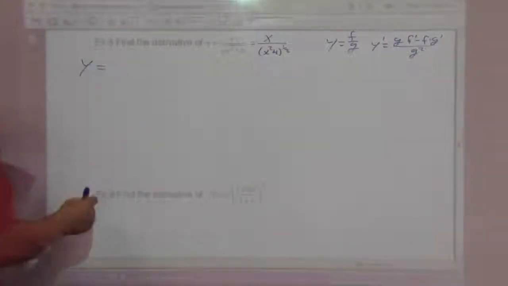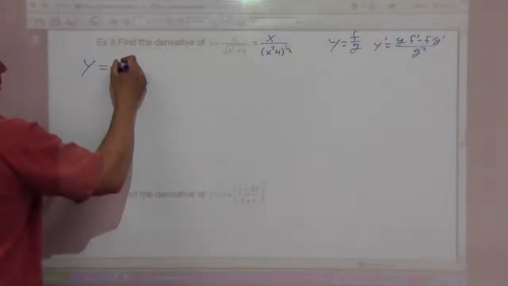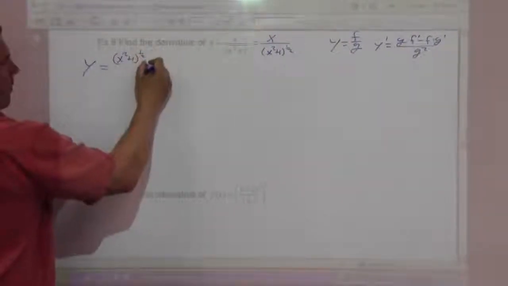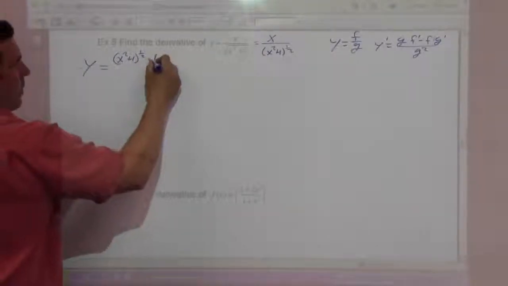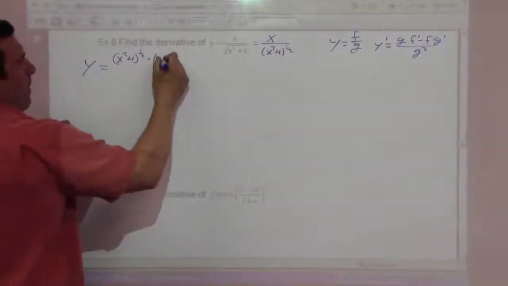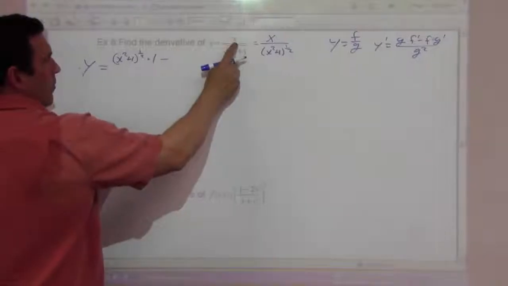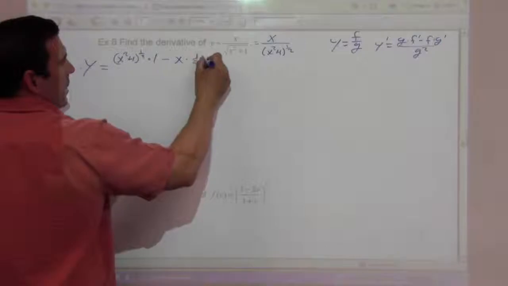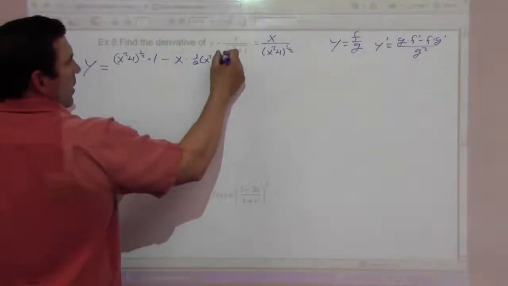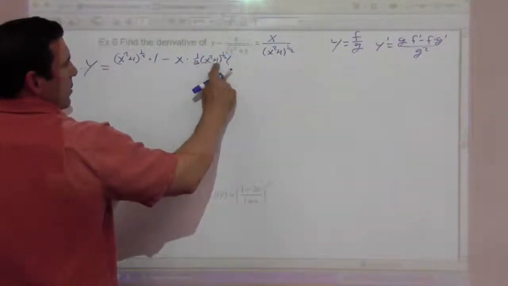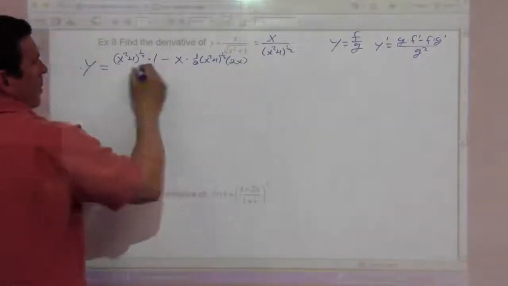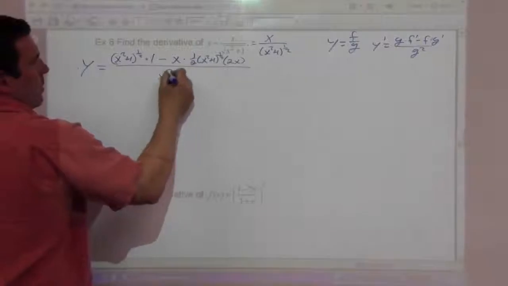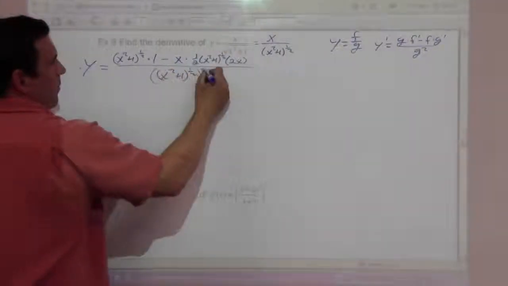So y prime equals x squared plus 1 to the 1/2 times 1, the derivative of x is 1, minus x times 1/2 times x squared plus 1 to the negative 1/2 times the derivative, which is 2x, all over x squared plus 1 to the 1/2 squared.